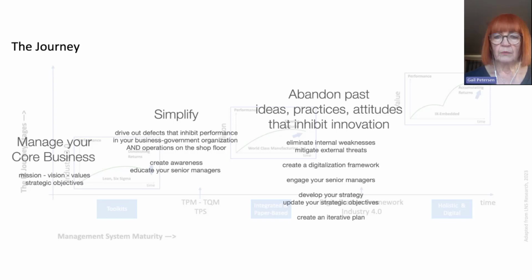So I just want to look, when we look under simplify, we're educating your senior managers. Now we're engaging your senior managers, and words have power. What's really important here is when you're dealing with your senior managers to speak their language. And their language is the language of finance and how what you're proposing is going to impact the bottom line of your company in a very positive way.